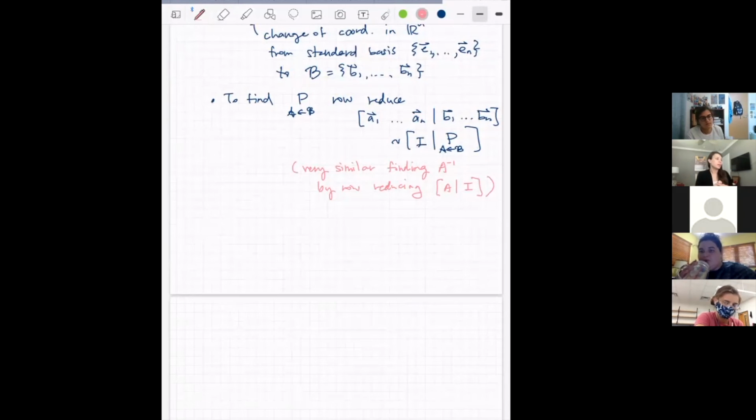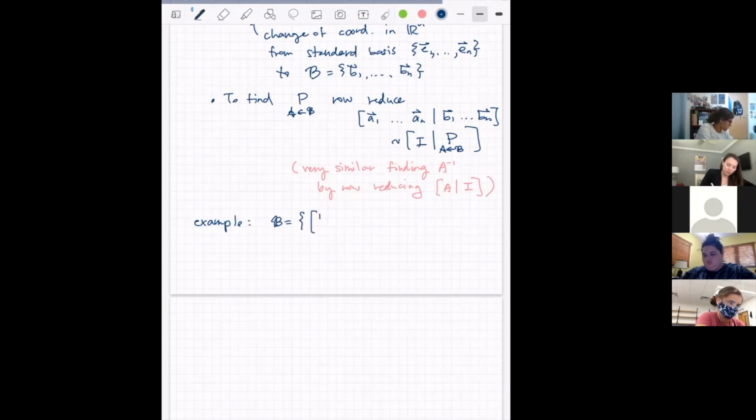We're going to do a very quick example of this. Say you have two bases. B will be (1, minus 3) and (minus 2, 4). And A will be (minus 7, 9) and (minus 5, 7).